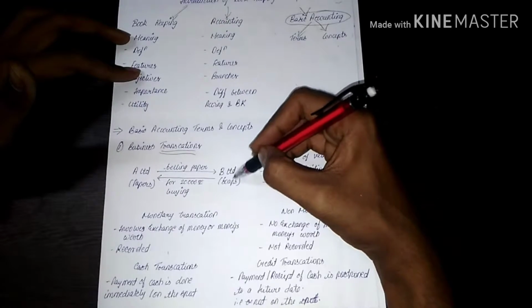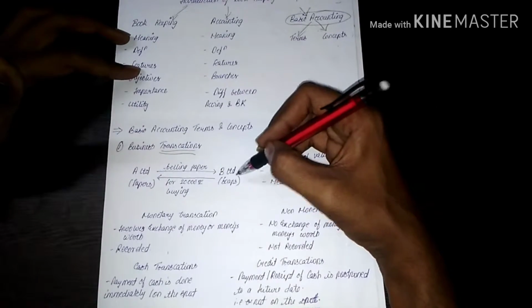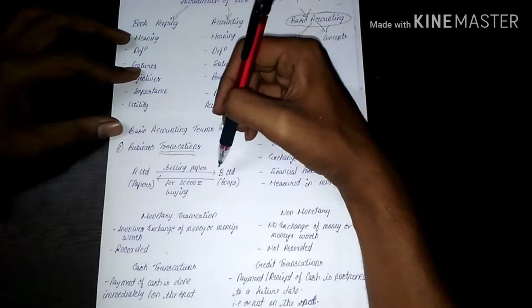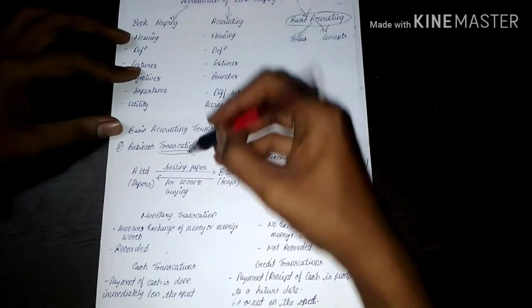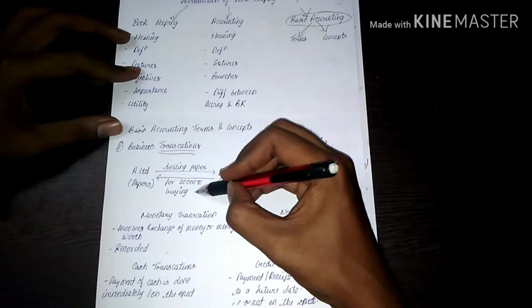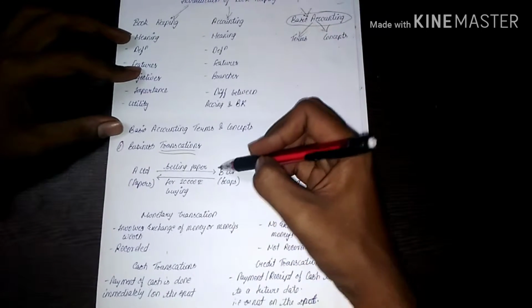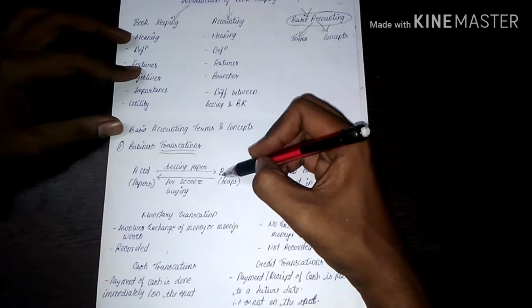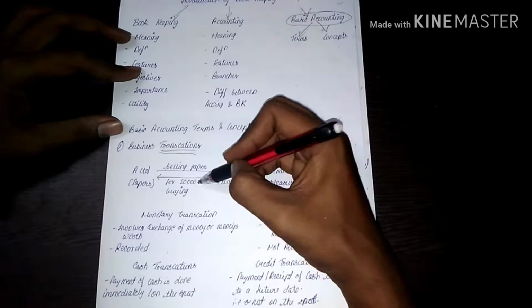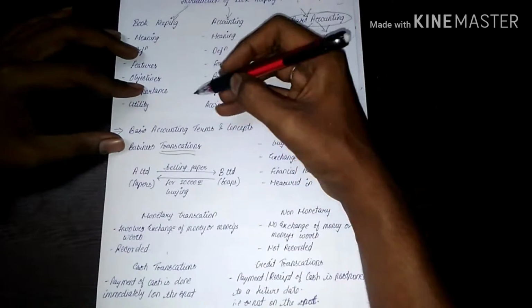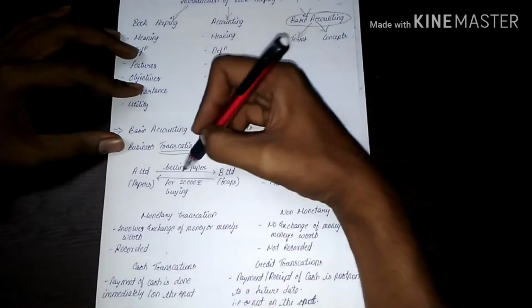Whatever it is, A Limited is selling paper to B Limited for 20,000 rupees. On the other hand, we can also say that B Limited is buying papers from A Limited for 20,000 rupees.